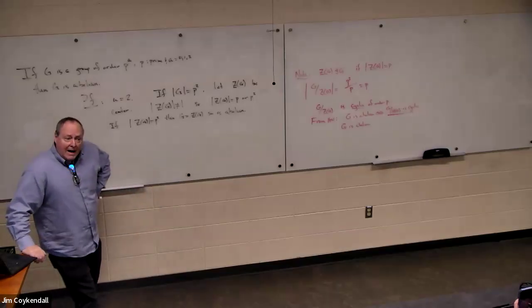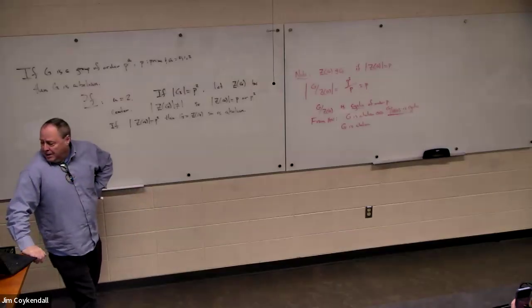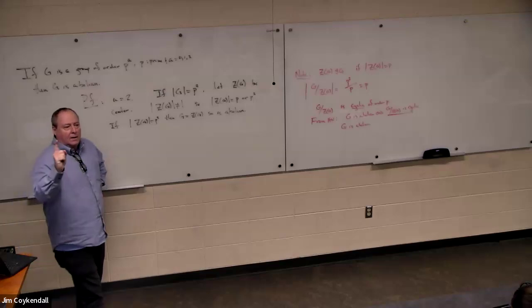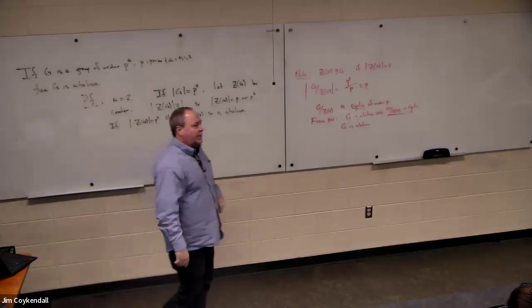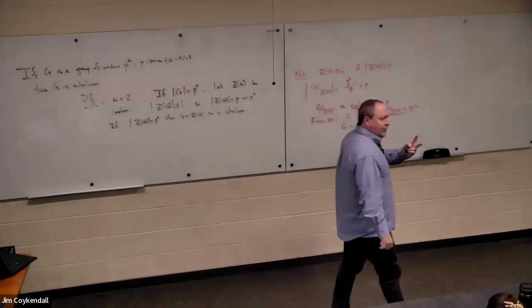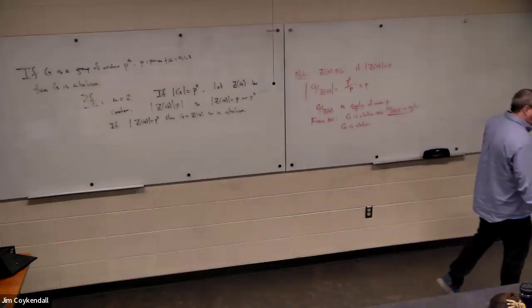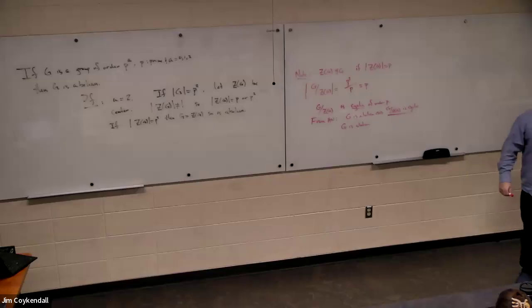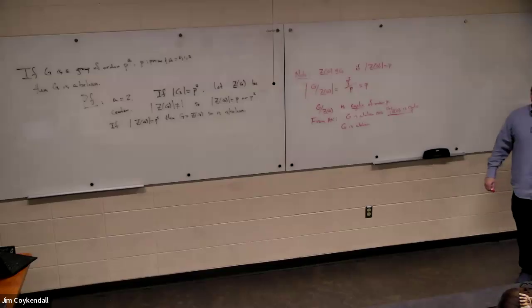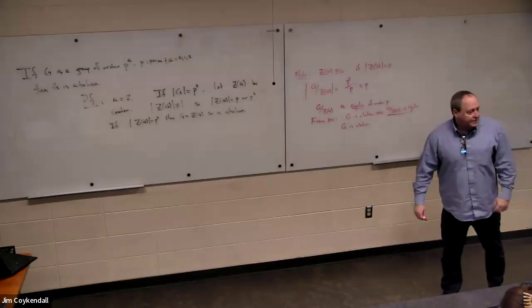We will see later, actually, that if you have a group of order p, it's cyclic of order p. There are actually 2 different groups up to isomorphism of order p squared, you will see later: Z_p squared, so cyclic of order p squared, and Z_p direct product with itself.